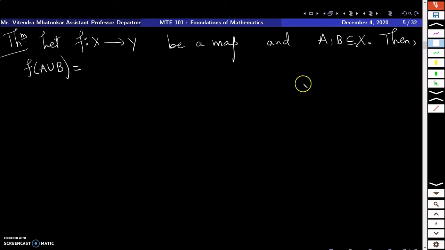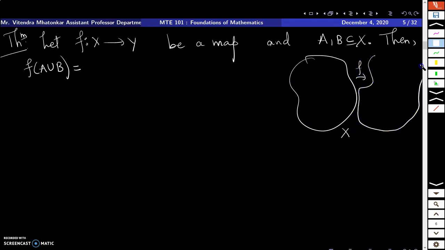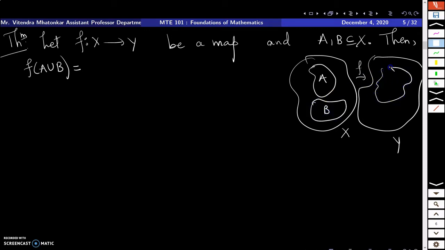Okay, so I have my set X here, and this is set Y, and some set I have here A, maybe disjoint from B, and let's say this is f of A, and this is f of B. Then what will be the image of the union of these two sets?